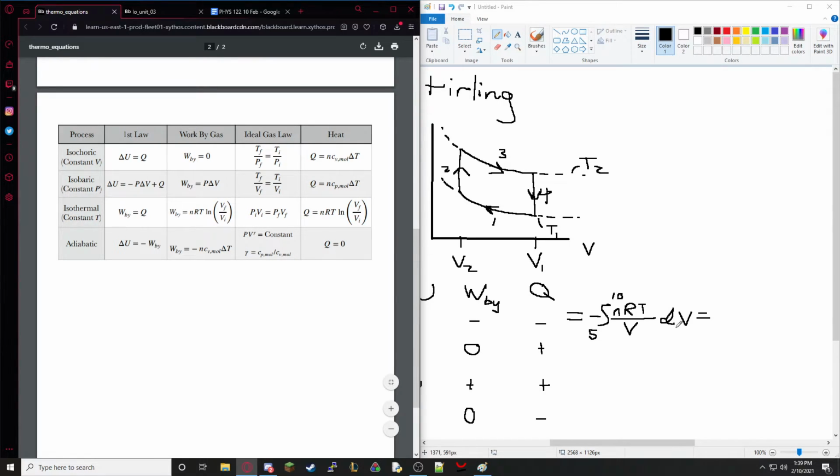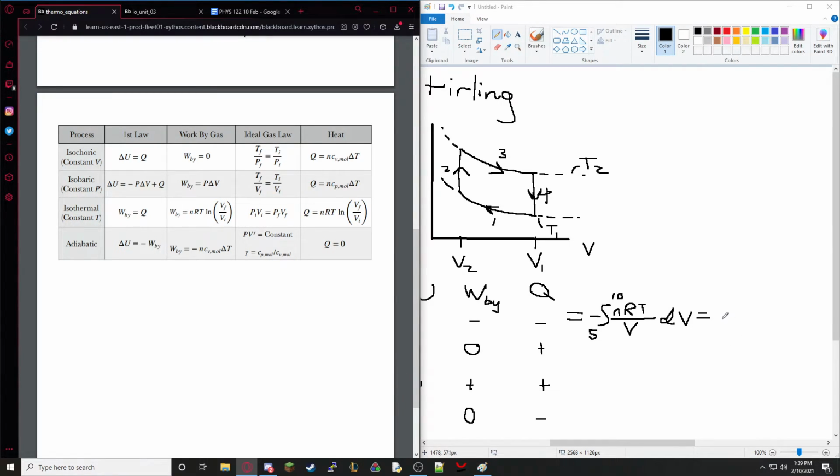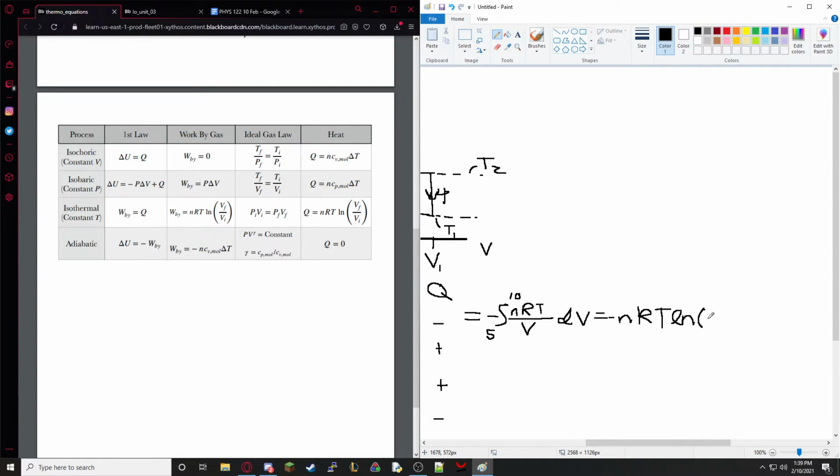So we have W equal to nRT, throw a negative out there, and then the natural log of 10 over 5, so 2.